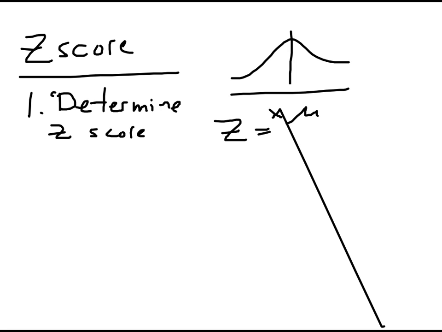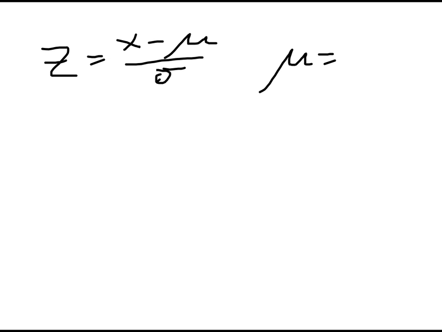Let's do another page here. The formula is z equals x minus mu divided by the standard deviation. So we talked last week that the mu is the notation for the mean. So we have a set of data, and we know what the mean is of that set of data. We can also calculate the standard deviation of that group of data.